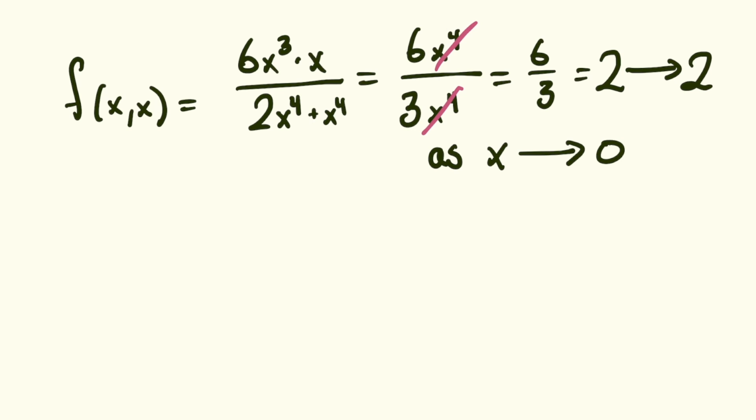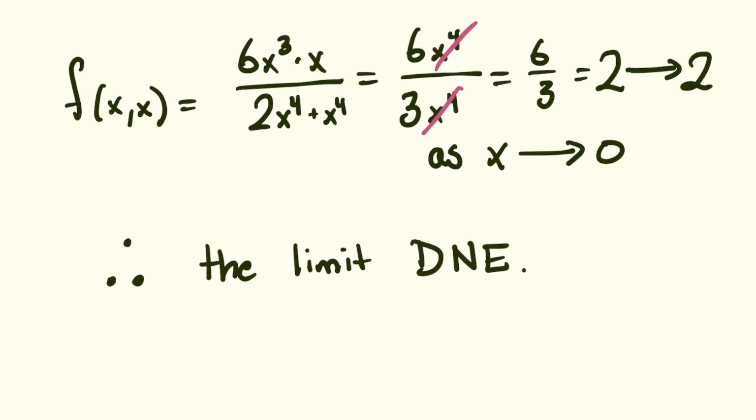So now we have our function going to two different places depending on how we approach 0, 0, which tells us that the limit does not exist. And we're just going to use a DNE for does not exist.